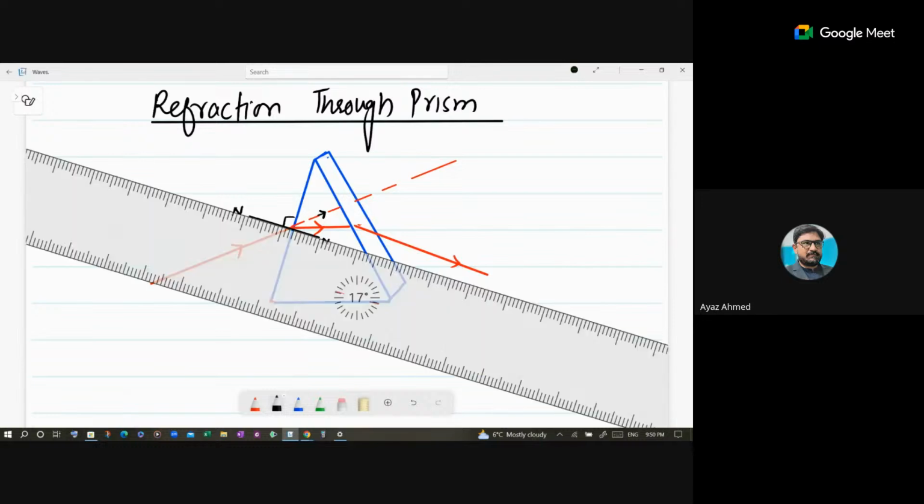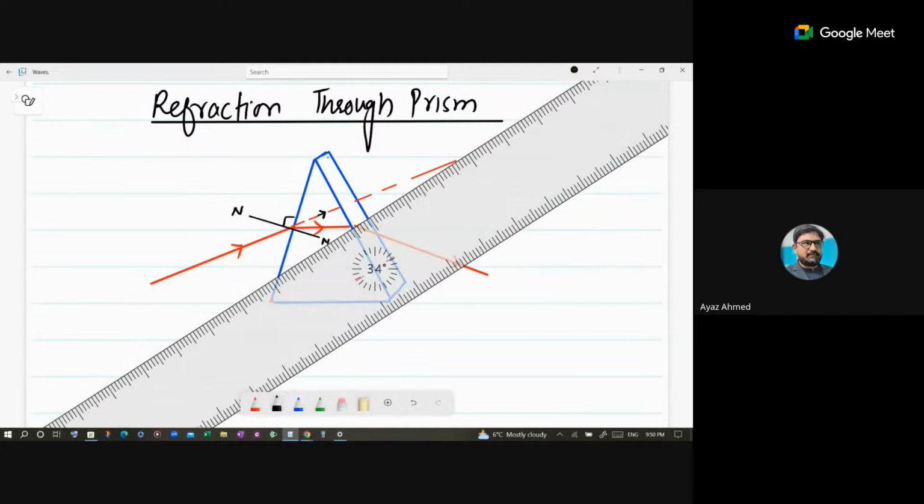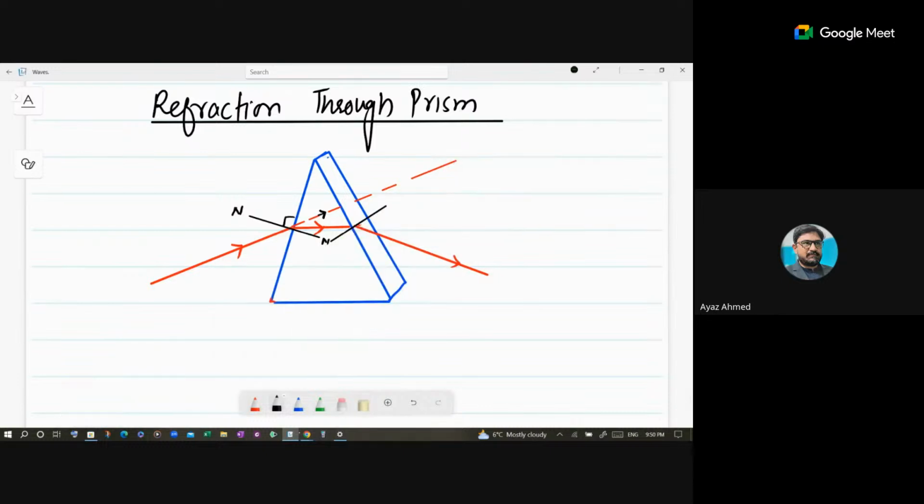In the same way, if I draw a normal over here at this point, this is the normal. So what about this light? It was supposed to move in this way, straight. So it bent away from the normal or not? Because it is denser medium, and when light enters from air to denser, it bends towards the normal, and when it enters from denser to air, it bends away from the normal.